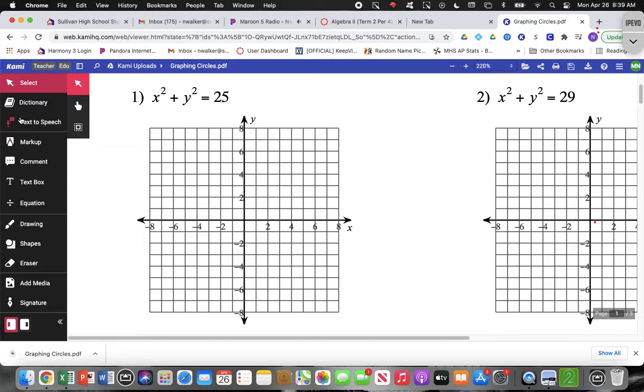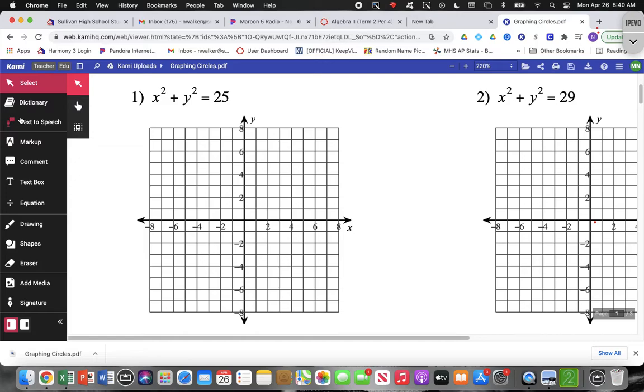Now remember, this was the general formula, and I'll leave this up here. We said the center was whatever was being subtracted from x and y. Are there any numbers being subtracted from x and y here? If there's nothing there, what do you think the center is? 0.